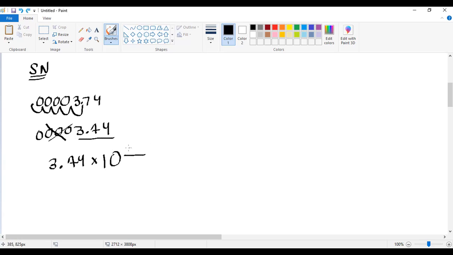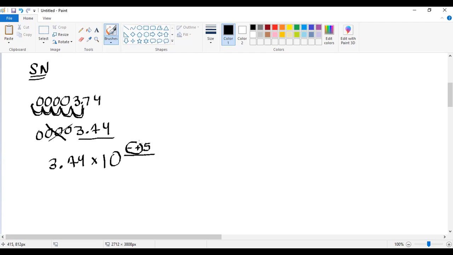It can either be a power to the negative number or a power to a positive number. And the number itself is how many times you had to move the decimal in order to get to a position where to the left you have one non-zero number. That number in particular is 5, because we had to move the decimal 5 times. 1, 2, 3, 4, 5.